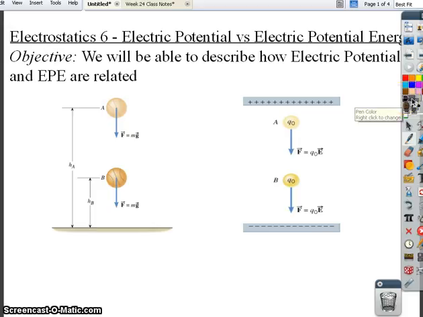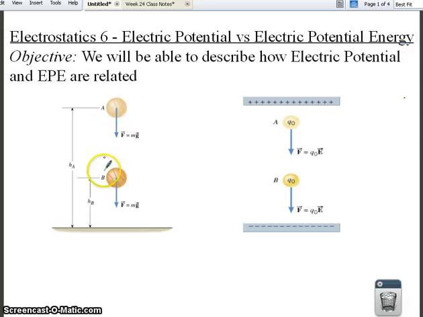Okay, so the best way I think to describe how this works is to relate it to something we know, namely gravity and potential energy. In this picture right here, we have a picture of a ball moving from point A to point B. It has a larger height at A and a smaller height at B. So at point A, it has a gravitational potential energy, defined as mgh.